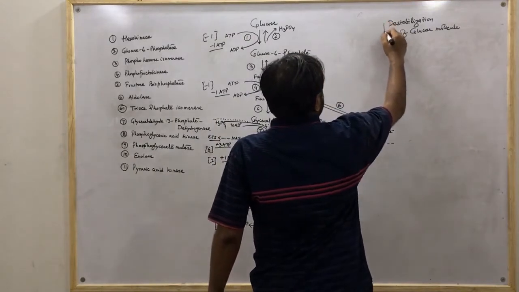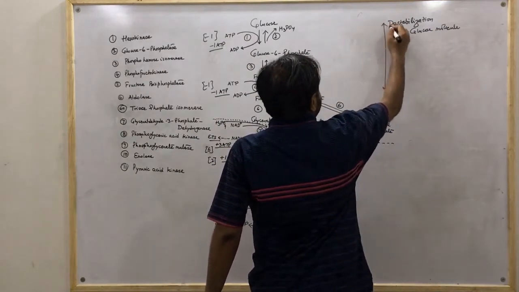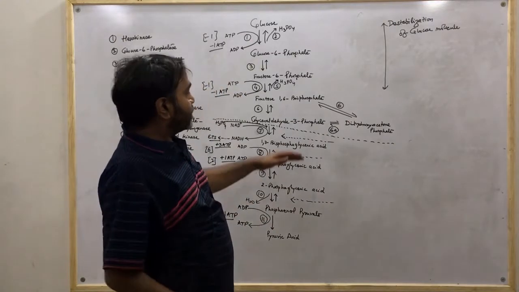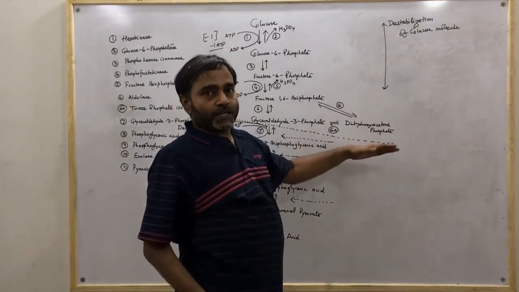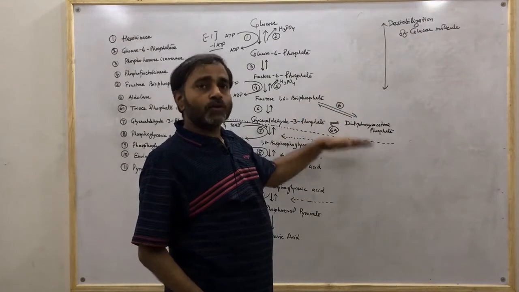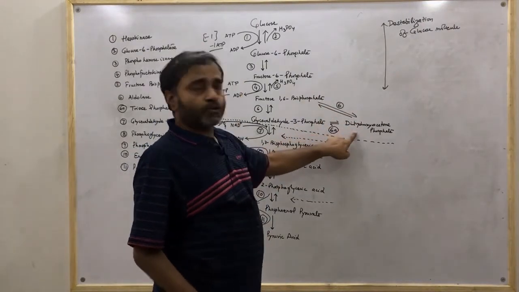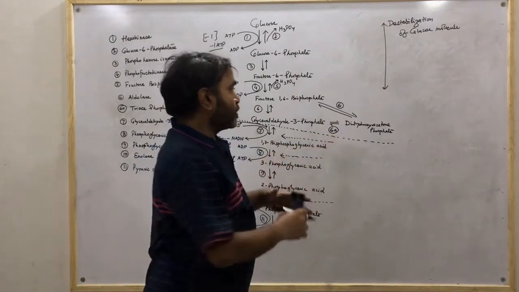So it happens in these steps, and thereafter the formation of 3 carbon sugars, that is the breakdown of glucose molecule into 3 carbon sugars, that are the basic sugars, because these are trioses.